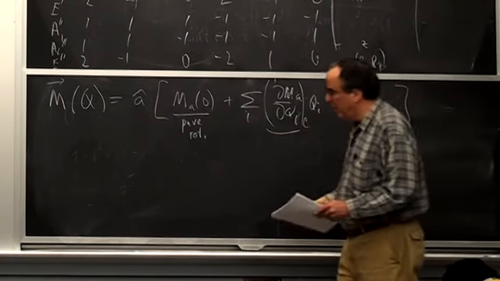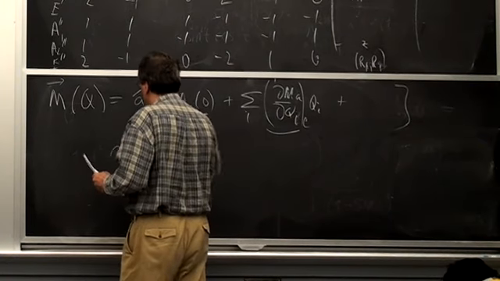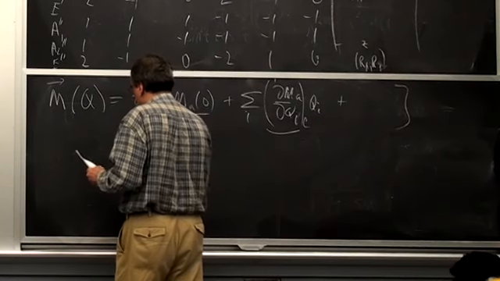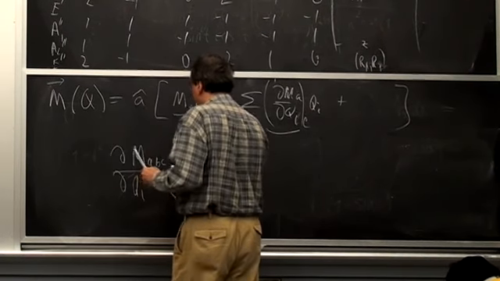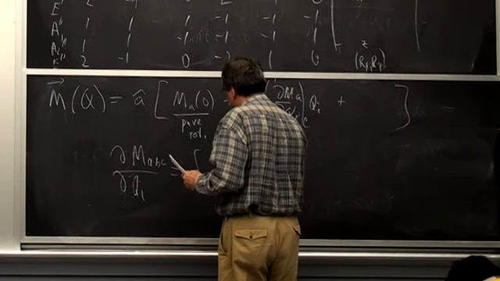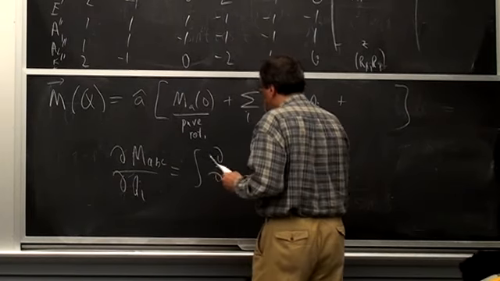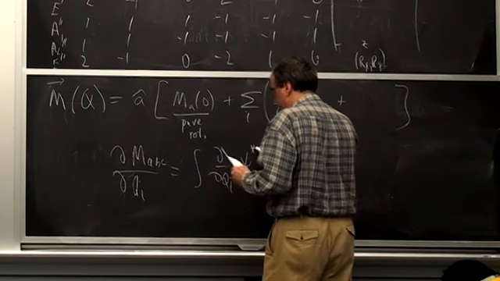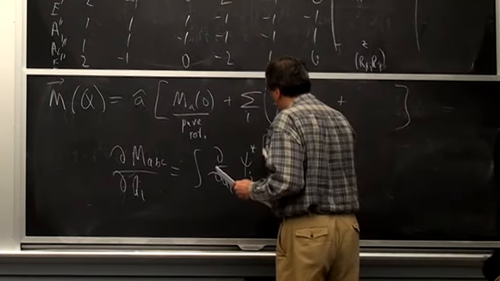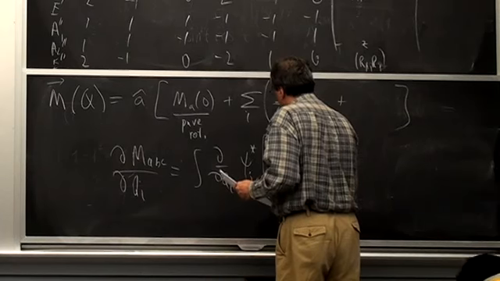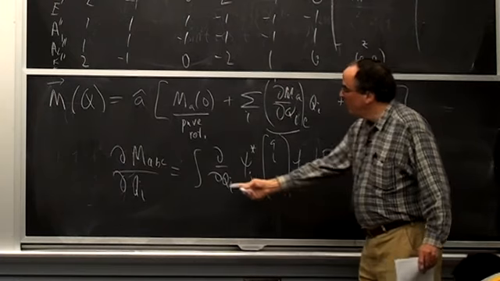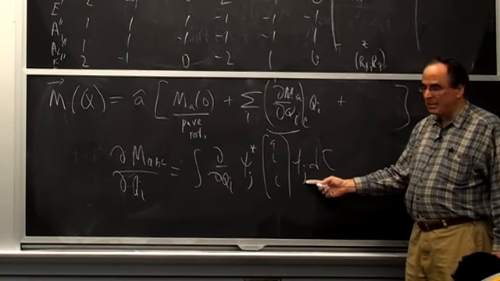So we know that this quantity, partial M A, B, C, d q i, is an integral that contains the partial derivative of q i, psi star of the jth electronic state, and A, B, or C, and psi j d tau. We want this integral to be non-zero.